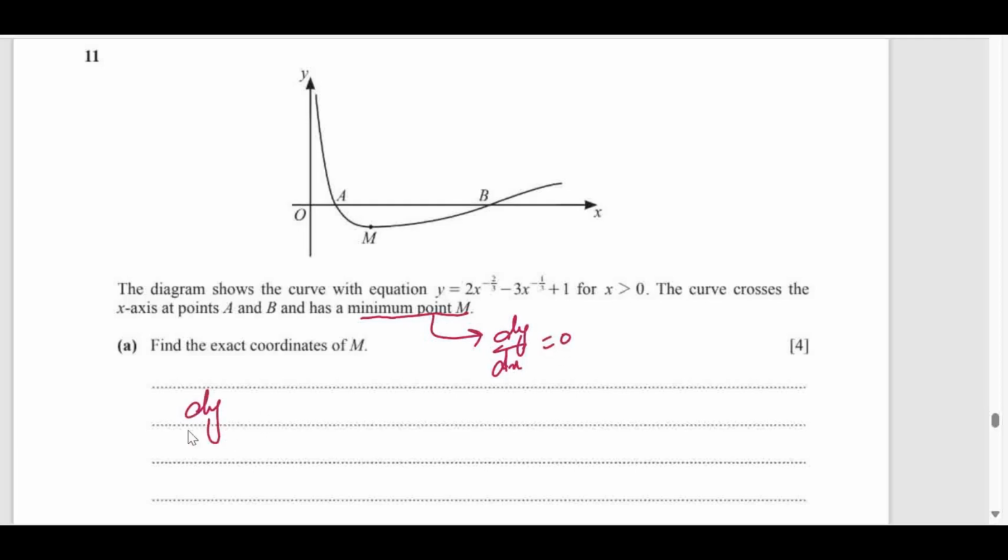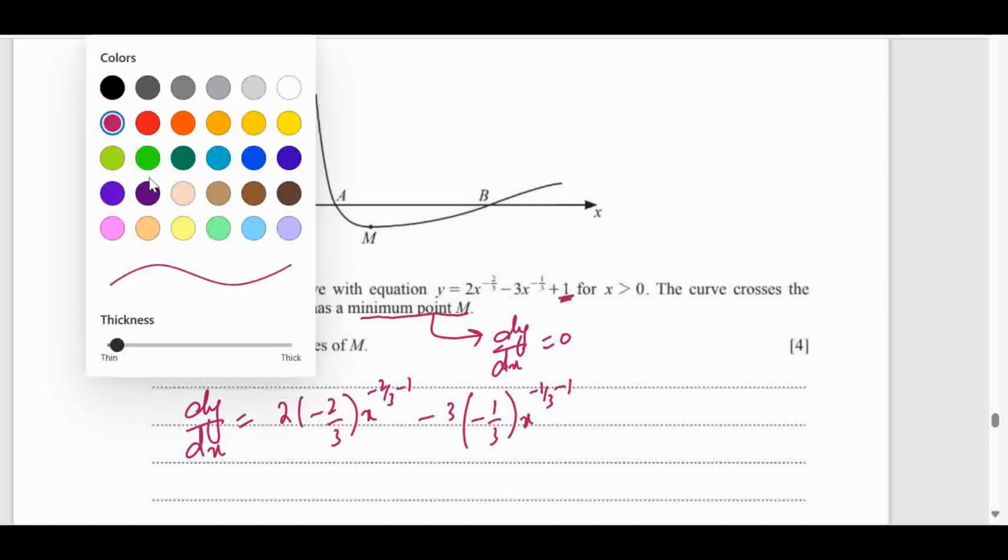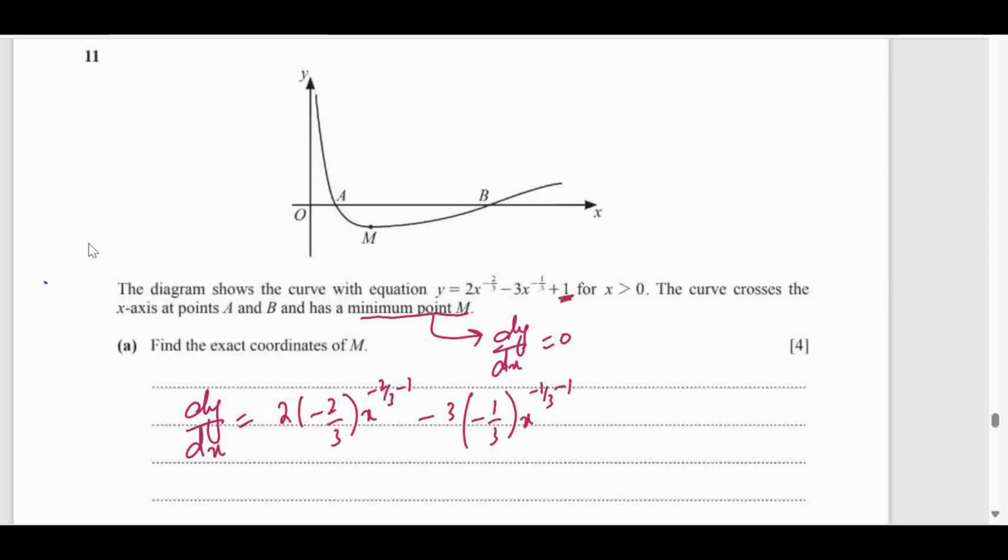Let's differentiate the equation. dy by dx will be equal to 2 into minus 2 by 3 x power minus 2 by 3 minus 1, minus 3 into minus 1 by 3 x power minus 1 by 3 minus 1, and the derivative of the constant will be 0. Now just simplify it.